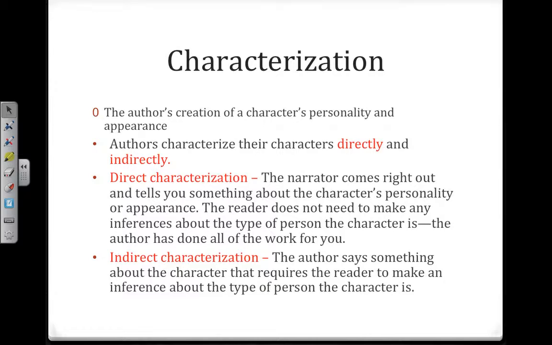Now, where you as the reader need to do a little bit more work is when you're working with an author who has provided you with indirect characterization. Because at that point, the author is providing you with information that you do need to make some inferences with in order to figure out what your character's personality is like.